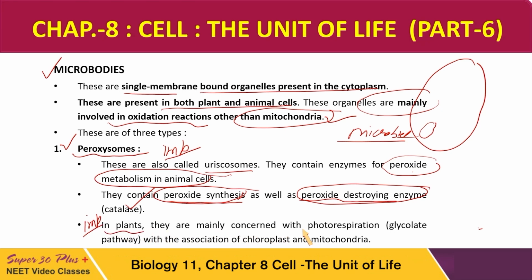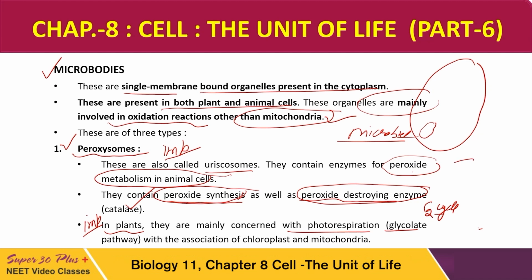In plants, peroxisomes are concerned with photorespiration. You will study the details of photorespiration in the chapter on photosynthesis. It is also known as the glycolate pathway, or also called the C2 cycle. In this cycle there are three organelles.